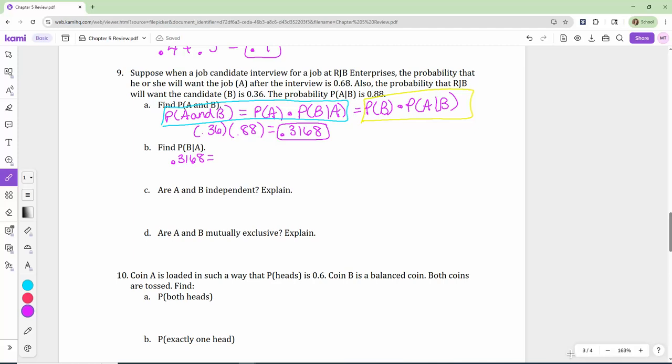The probability of A times probability of B given A. We divide. We get 0.4659.